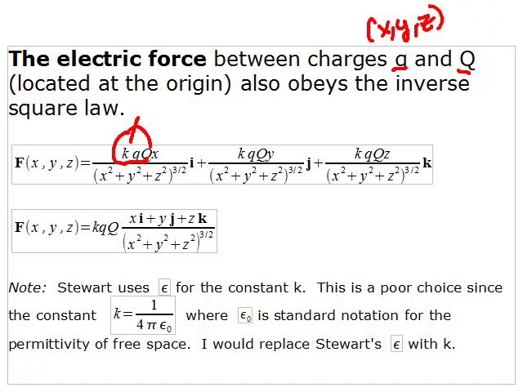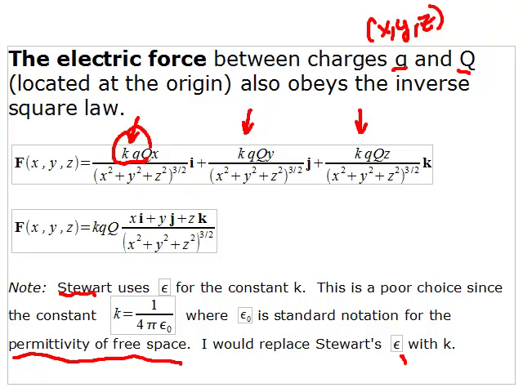Now notice that I'm putting a k up here, and I'm just going to criticize someone who wrote one of the textbooks, Stewart. He uses epsilon for k. That's a bad idea, I think, because what does k turn out to be? 1 over 4 pi epsilon naught, which is the standard notation for the permittivity of free space.